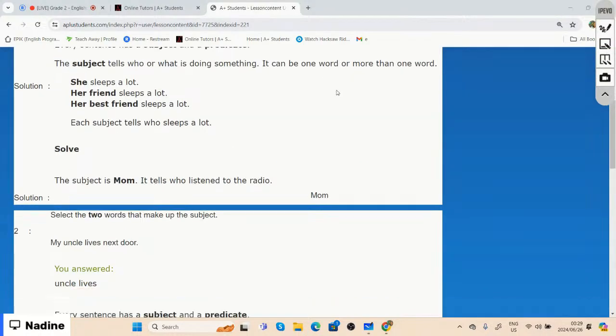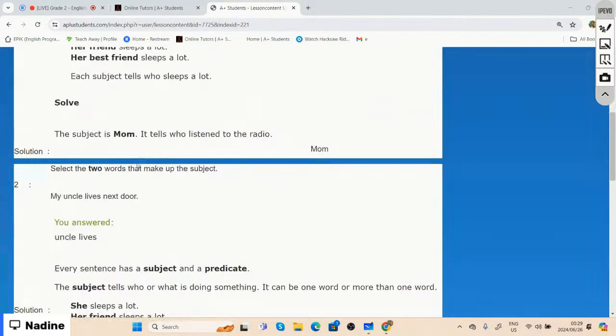All right, look at this next sentence. We need to identify the two words that make up the subject. It says, my uncle lives next door. So, we need to identify the subject. We need to say who is doing something or what is doing something. Two words.